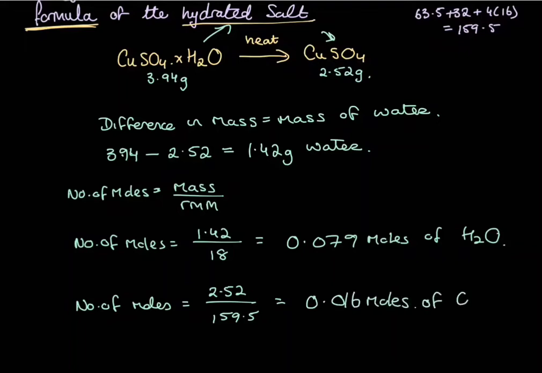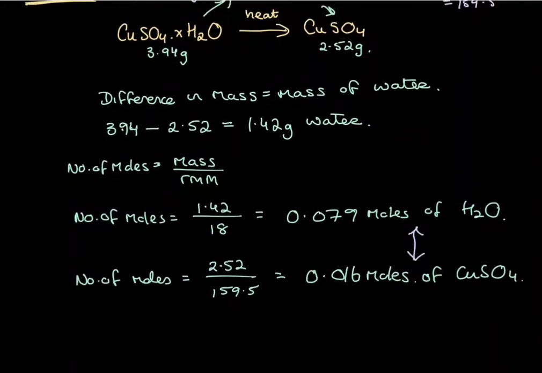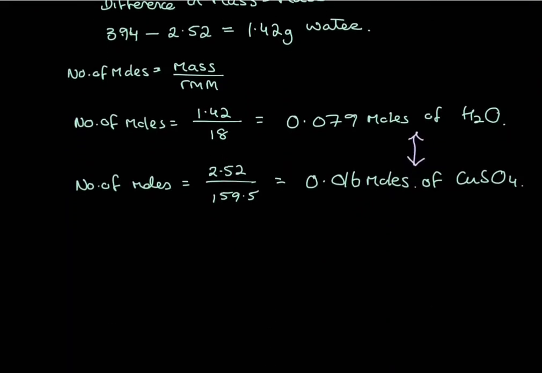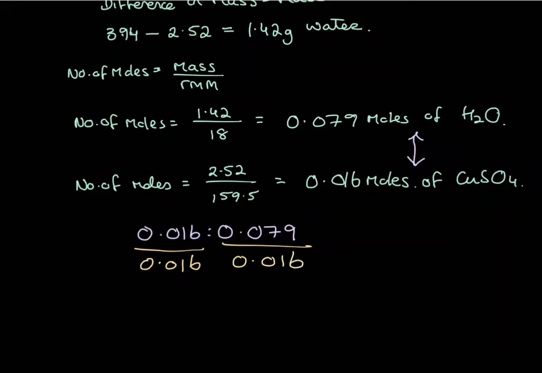Okay. So the copper sulfate and the water, these two, were originally together before it was heated in that ratio of moles. So that ratio is 0.016 of the salt and 0.079 of the water. Now if I want to find out the simplest ratio for this, we take the smallest number, which is this one right here, and we will divide across by the smallest number.